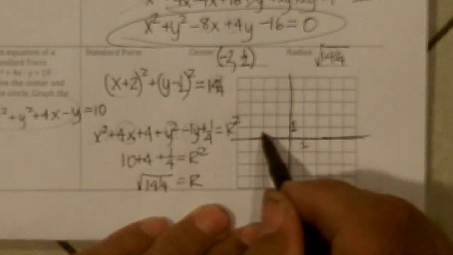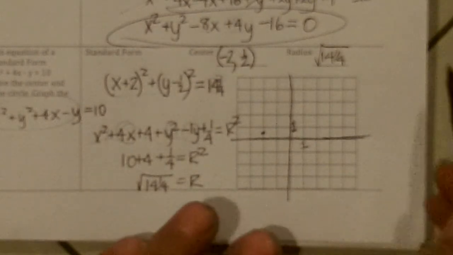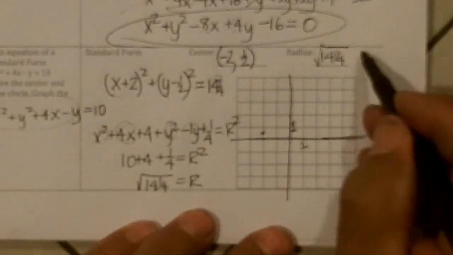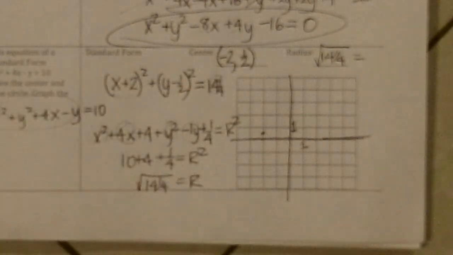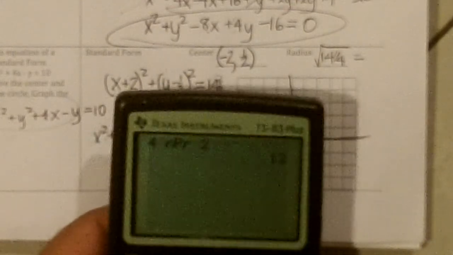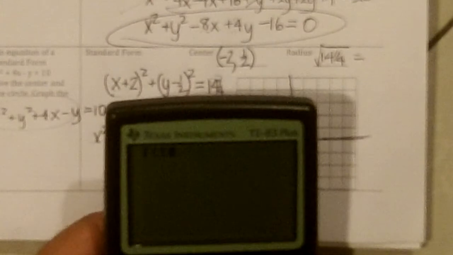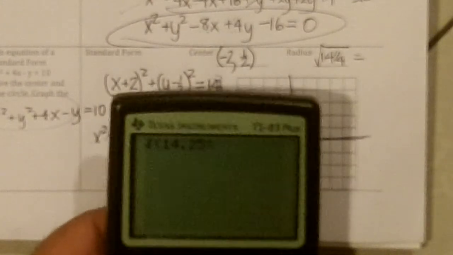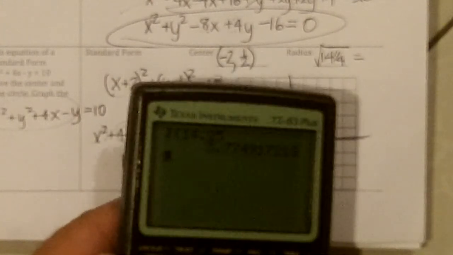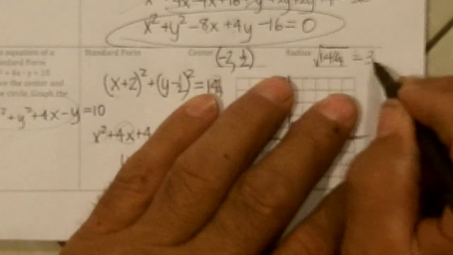So minus 2, up 1/2. The radius is the square root of 14 1/4. Let's figure that out on the calculator: square root of 14.25. It's roughly 3.8, approximately 3.8.